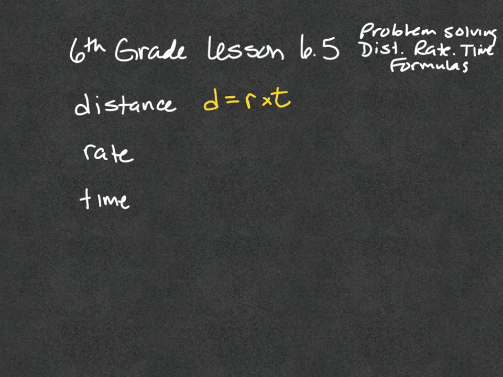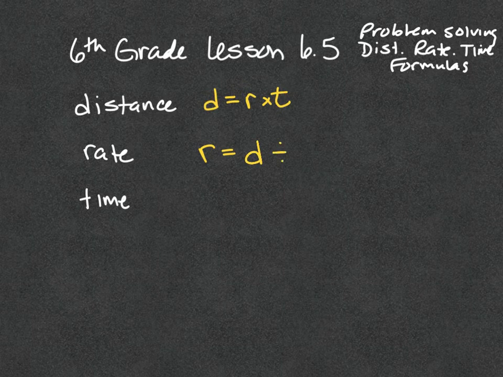If they want us to find the rate, how many miles per hour were they traveling, then you will use the reverse of this formula. We all kind of know that when I have 2 numbers multiplied that give me an answer, I can undo that by dividing the other 2 with each other. We know those fact families pretty well. So if I'm looking for rate, I would do distance divided by time.